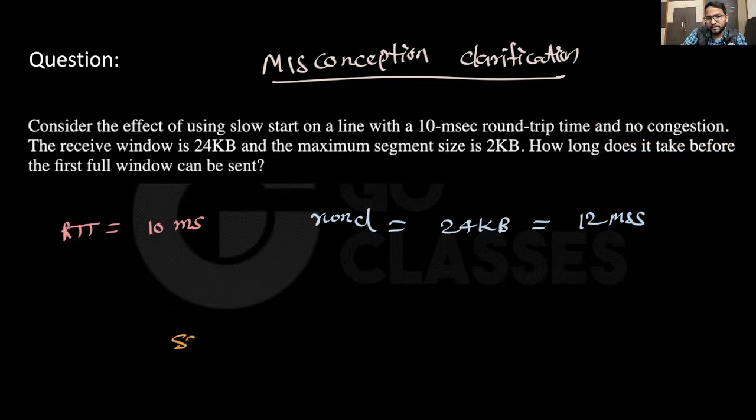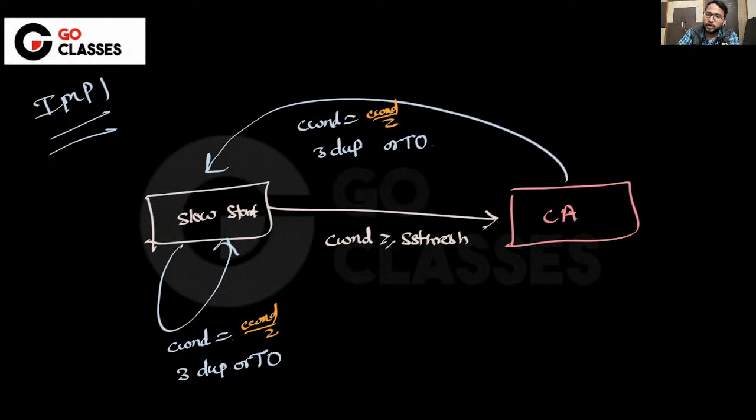Who told you to set this ssthresh, the slow start threshold, to be this 12 by 2? Who said this to be 6? See, if there is congestion, then only you do it. Otherwise, you don't do it. If there is congestion, then only you set it to half, and that too the congestion window, not the receiving window, right?